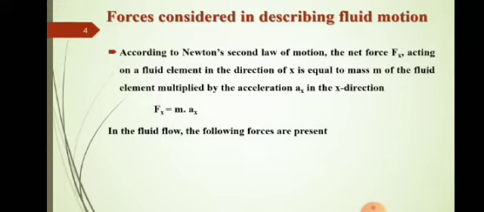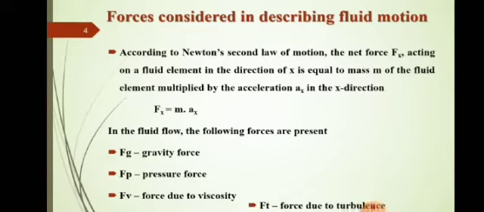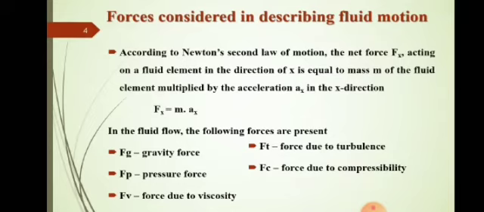So in fluid flow, as we said, we are considering the effect of the forces acting on a fluid element. Now what are the forces that are present in a fluid element? The various forces that are present are given here. Fg is the gravity force, Fp is the pressure force, Fv is the force due to viscosity, Ft is the force due to turbulence, and Fc is the force due to compressibility. So these are the major forces that are acting in a fluid element.